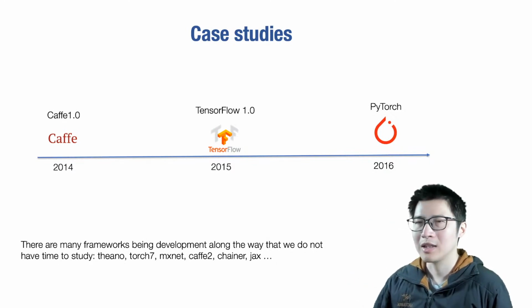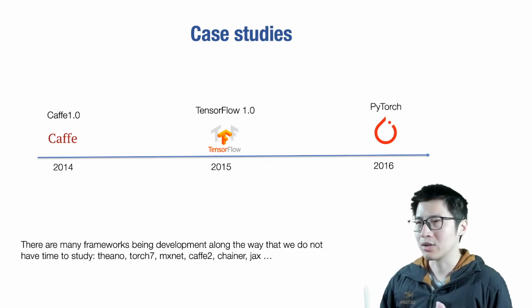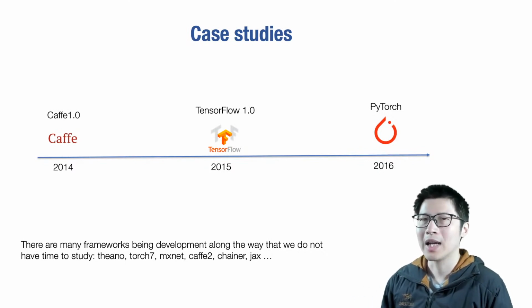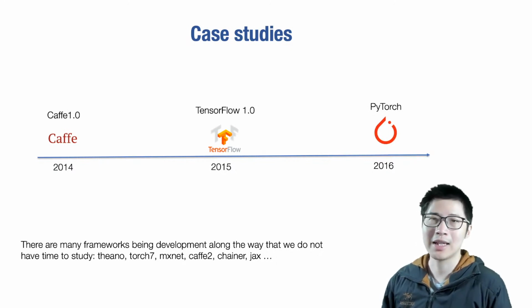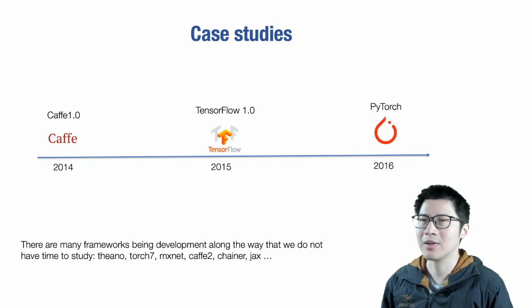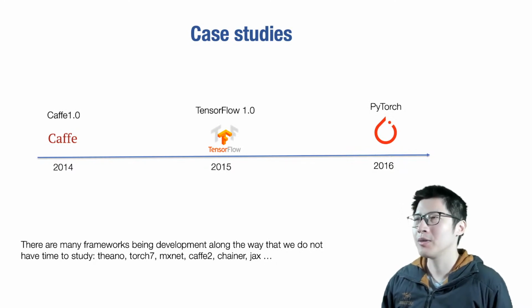So for example, there are earlier pioneers in the field, Theano and Torch 7 in Lua. And there's also a framework I was involved in called MXNet. Caffe had a second generation framework called Caffe 2, Chainer, and more lately, there's a very exciting development from Google that leads to JAX.